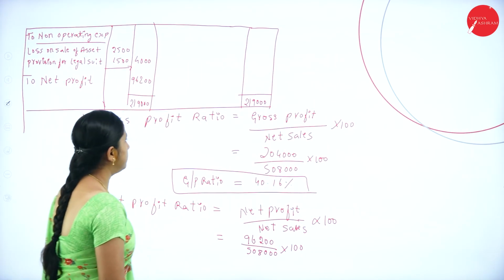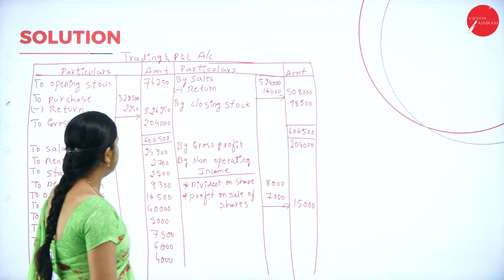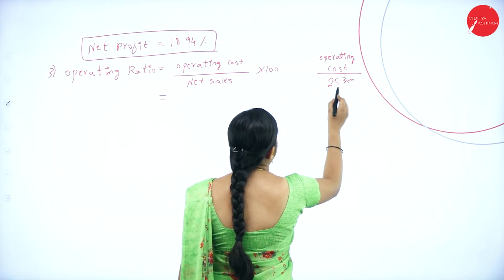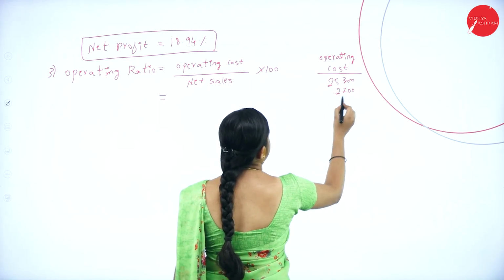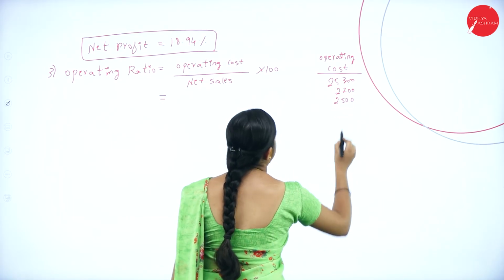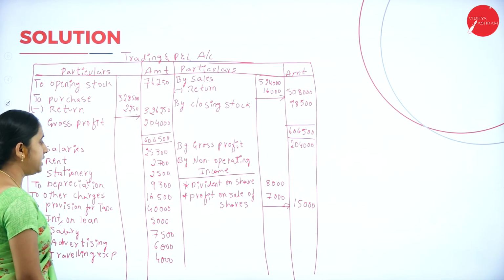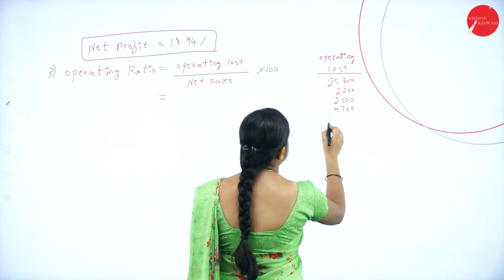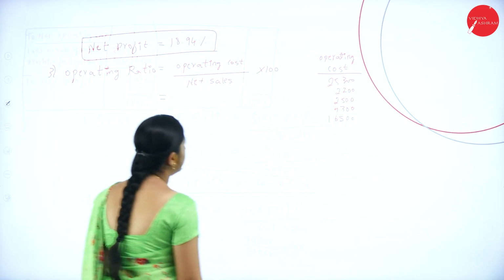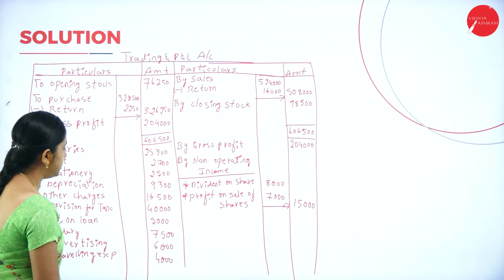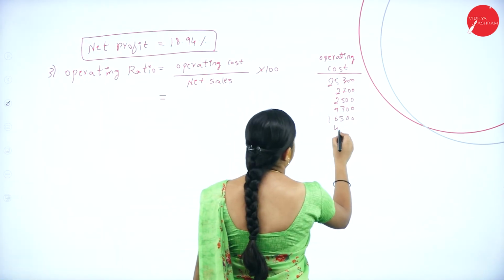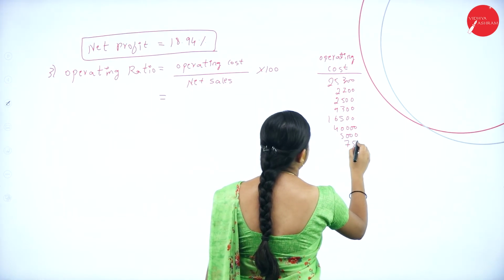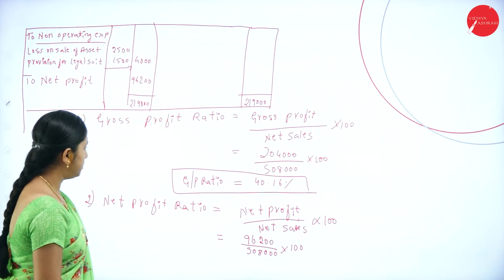Operating cost is equal to 25,300, 2,700, 2,500, next 9,300, 16,500, next 40,000, 5,000, 7,500, next 6,000 plus 4,000.